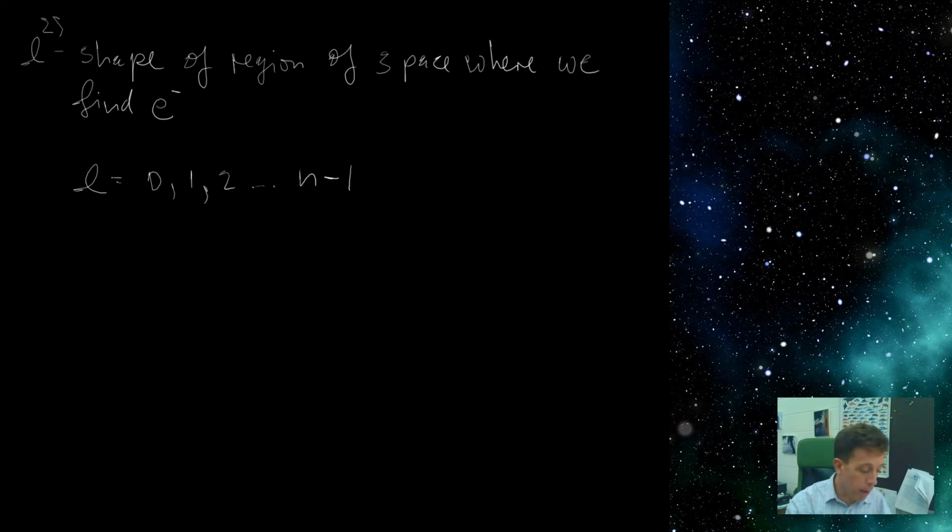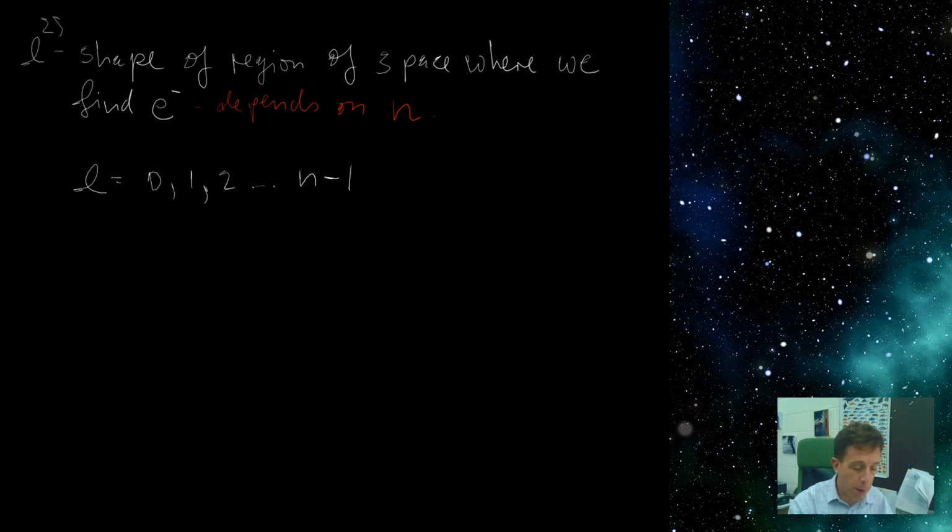So L depends on n, and that is really worth noting. Let's note that right here. So it depends on n, and that's given by this relationship, all the way up to n minus 1.